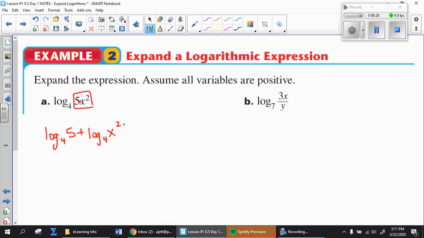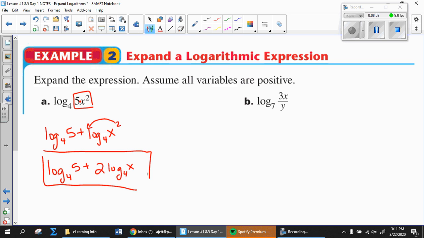Now, since I have an exponent here, I want to completely expand this. We take exponents, we move them out front. Again, it just goes out front of the x, not the 5. So we get log base 4 of 5, which we don't know what that is. We'll just leave it as is, plus 2 times log base 4 of x. Okay, and so that's where we're going to leave our answer.